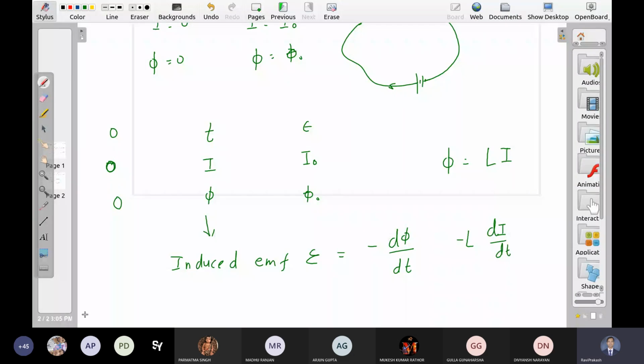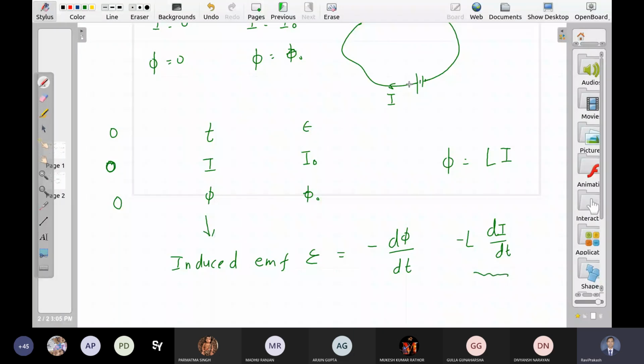So there was some potential automatically produced in this circuit. And what is the role of this potential? It is opposing this current. This is the current I. This potential will try to oppose this current, right? So the battery has to do some work against this induced EMF.